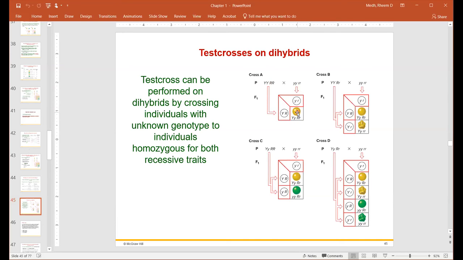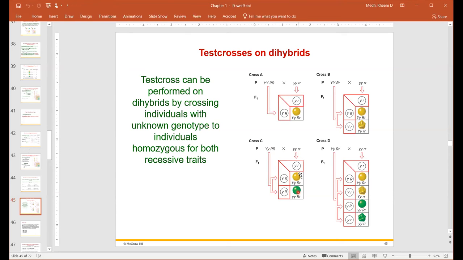So if you get only one type of F1, then that means that you have big Y, big Y, big R, big R. If you have the second option, which is shown here, big Y, little y, big R, big R, and you did that test cross, the gametes that can be formed from here are big Y, big R, or little y, big R. So you can get a 1:1 ratio of yellow round or green round, right?